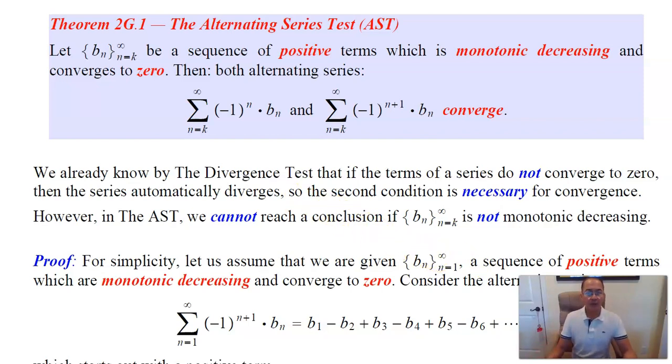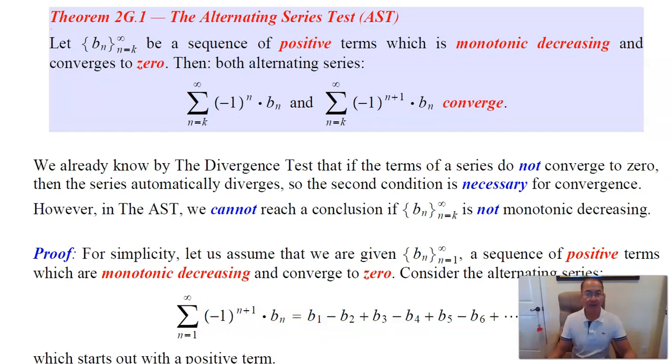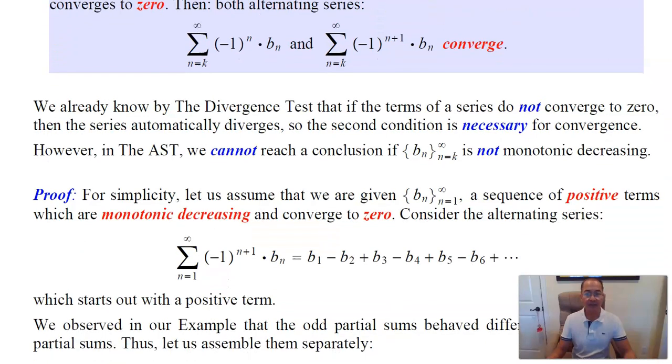So what we're going to do is pretend that we start at 1 instead of k in general. The idea, of course, when you have general k is practically the same. And let's consider the second form, the sum from n equals 1 to infinity of negative 1 to the n plus 1 times b sub n, which means we have b1 minus b2 plus b3 minus b4, and so on.